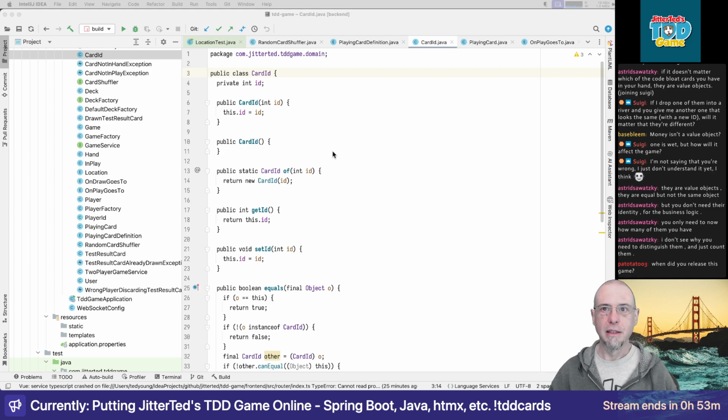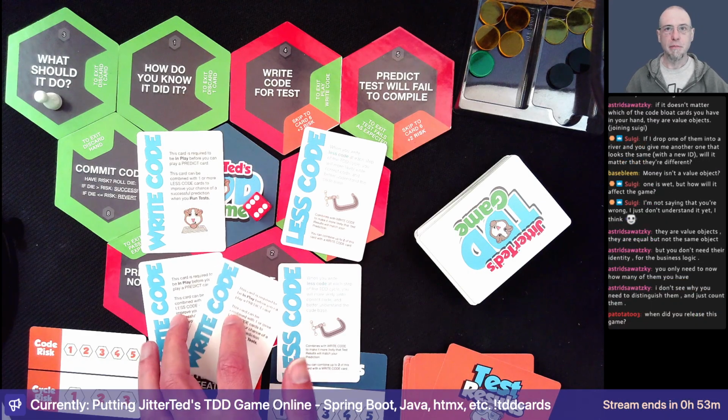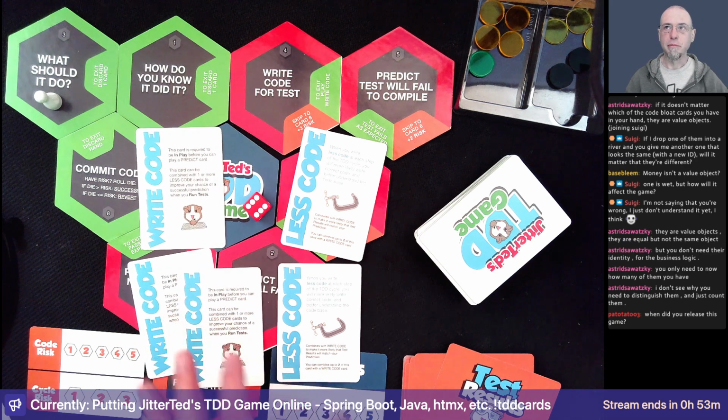Right? So if I've got these two in my hand and I want to play one of them, yes, it doesn't matter which one I play, and I could just play any of them.